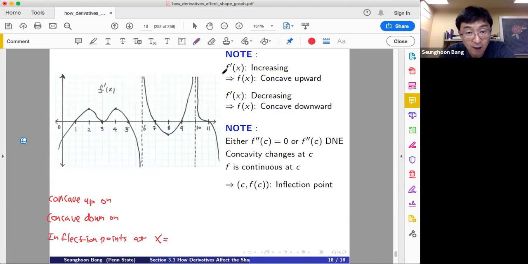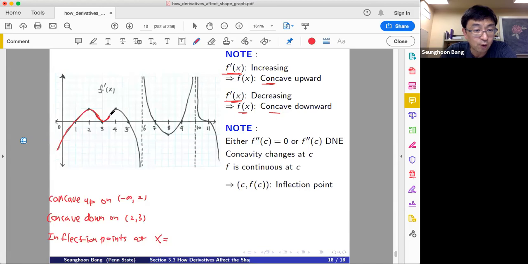If f prime is increasing, concave up. If f prime is decreasing, concave down. Here, this is f prime. F prime is increasing from minus 1 to 2, so concave up, from negative infinity to 2. From 2 to 3, the graph is decreasing. F prime is decreasing, concave down.